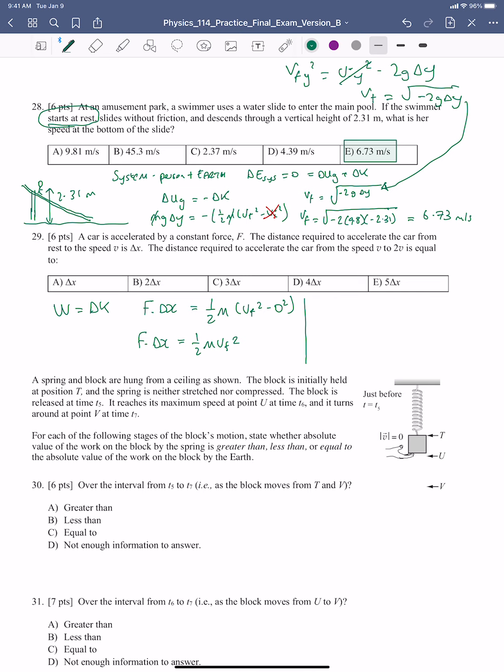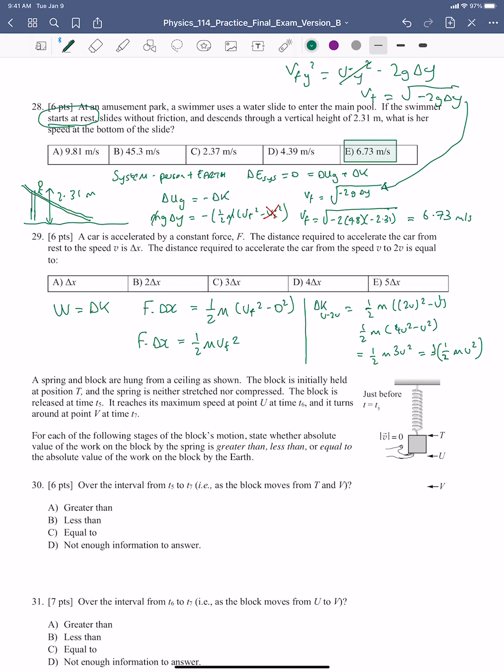But to accelerate the car from V to 2V, we can think of delta K from V to 2V as 1/2 m (2V) squared minus V squared, which is 1/2 m times 4V squared minus V squared, which is 1/2 m 3V squared, which is 3 times 1/2 m V squared. So it has 3 times the change in kinetic energy.